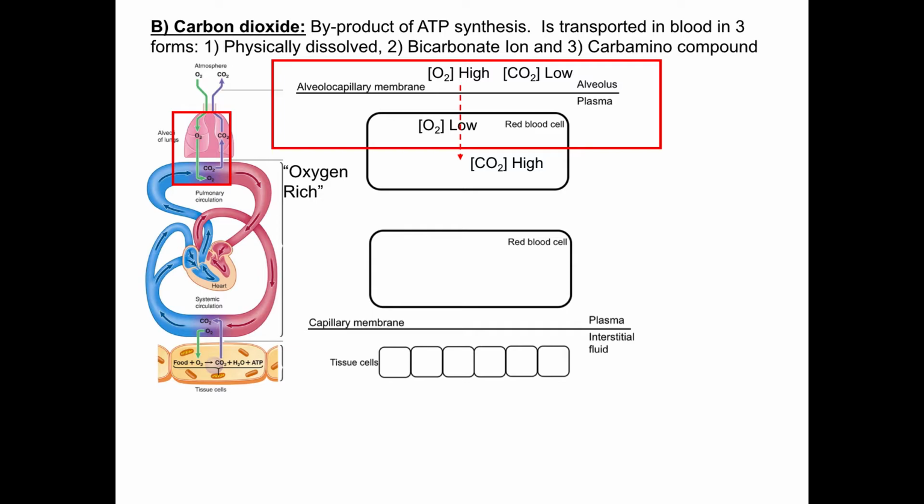They're going to move from regions of high to low pressure or high to low concentration. So they're going to move from the blood in the pulmonary capillaries to the air in the alveoli. And then when you exhale, you breathe that carbon dioxide out of your body.